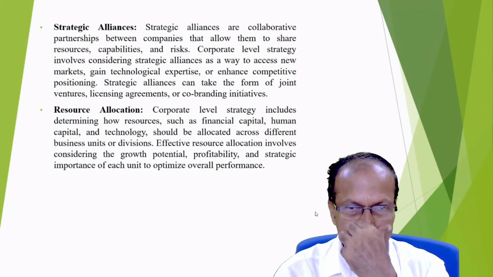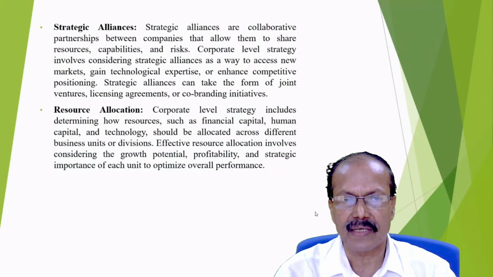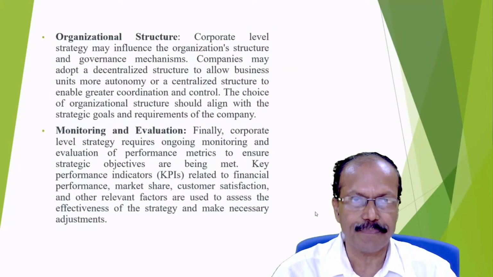The effective resource allocation involves considering the growth potential that has been anticipated, the profitability that is expected, and also the strategic importance of each of the strategic business units in order to optimize the overall performance of the organization.